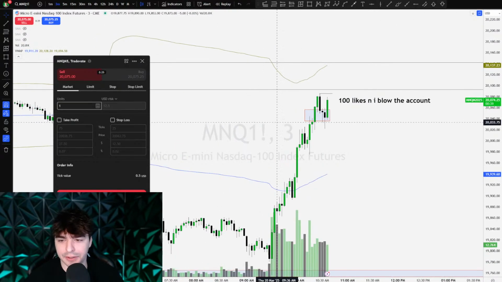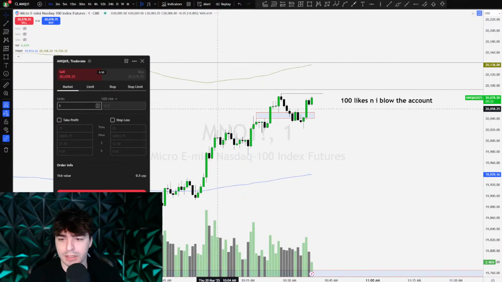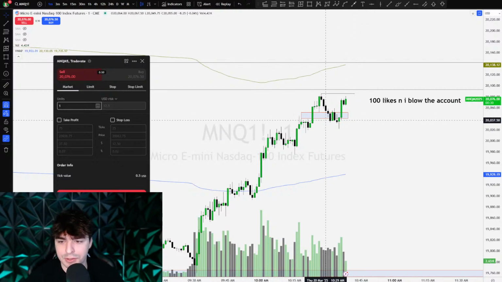Looks like that fair value gap actually kind of held on this 3-minute time frame. That's why fair value gaps can be tricky.